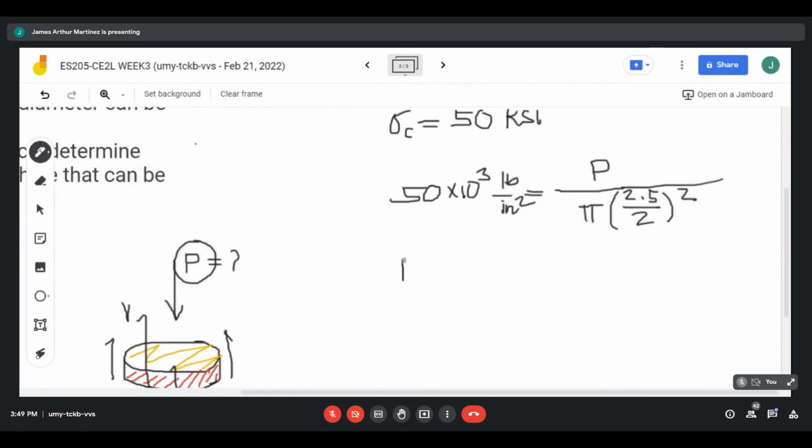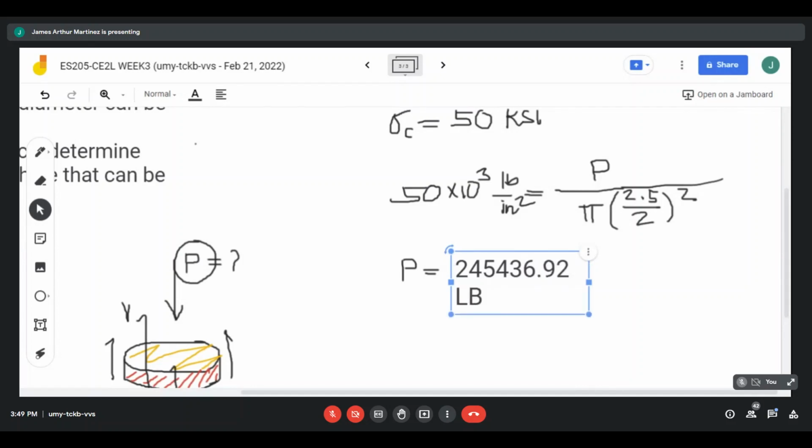Therefore, we obtain the punching force, P, which is how strong the push is. That is 50 times 10 to the power of 3 times pi times (2.5 over 2) squared, meaning you have 245,436.92 pound force.